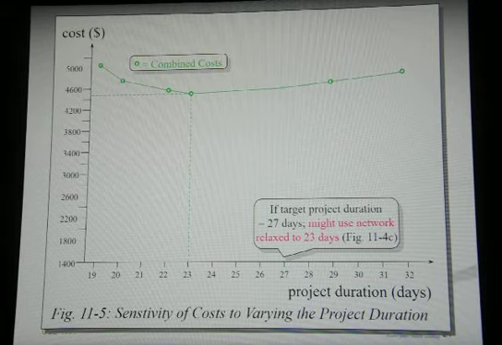Because when we say crashing an activity, this means we are spending more money on resources, on labor, on time, working more shifts, more hours, and so on. It's going to cost money. So pick the activities that cost you the least. So pick the activities that have more flat slope of change.